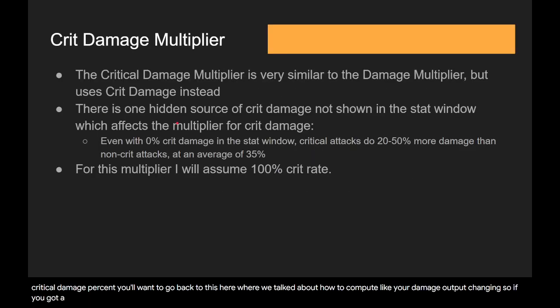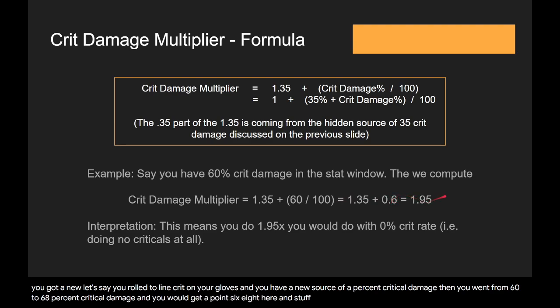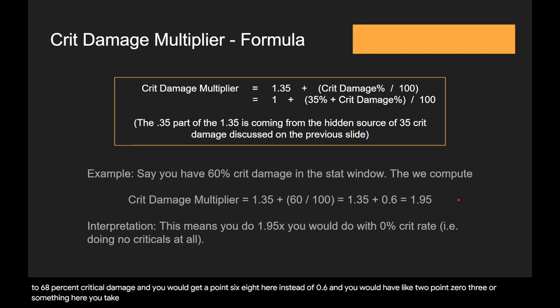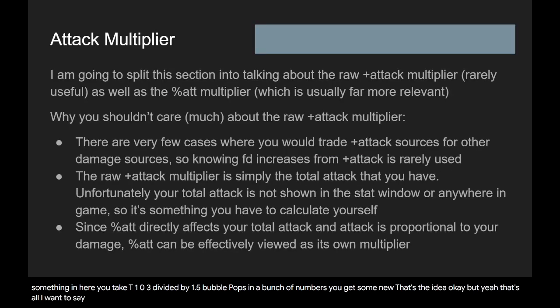So if you rolled 2-line crit on your gloves and you have a new source of 8% critical damage, then you went from 60 to 68% critical damage, and you would get a 0.68 here instead of a 0.6, and you would have like 2.03 or something here. You take 2.03 divided by 1.95, and you get some new damage output. You do more damage. Yay. That's the idea. Okay, that's all I want to say about the critical damage multiplier.